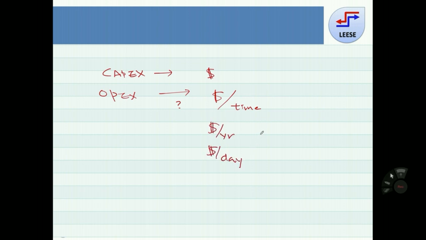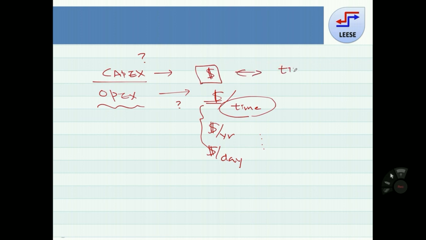So the operation cost is based on these time-dependent evaluations. What about the capex? I'm going to buy the reactor at 5 million. I'm going to buy the furnace at 10 million. I'm going to buy a heat exchanger for 1 million. There's no time-dependent element directly in the capex evaluation.